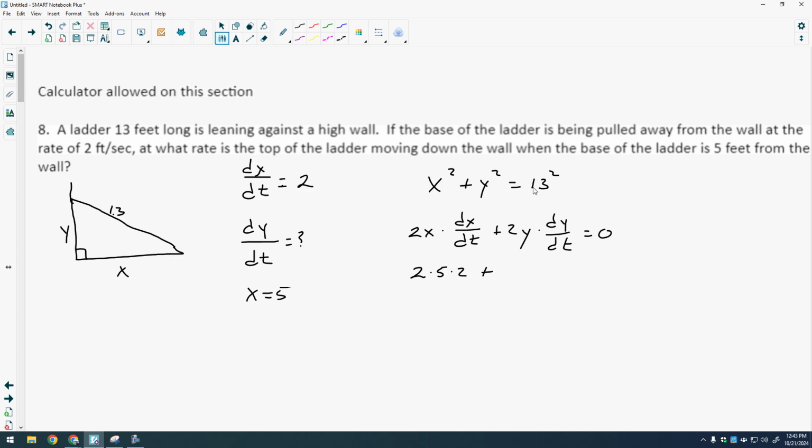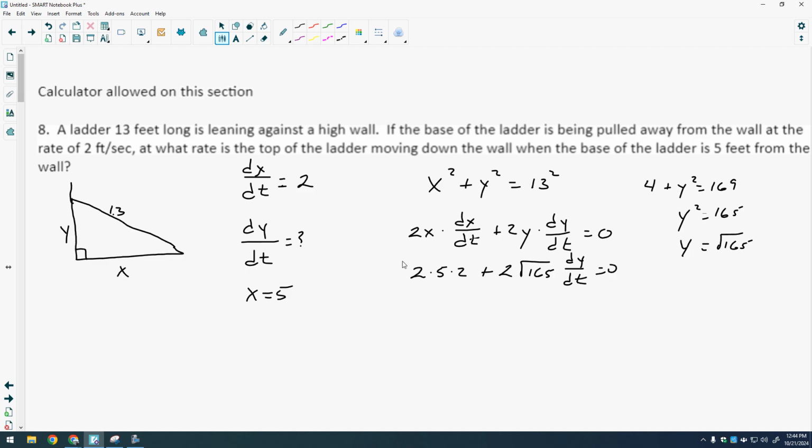So go back to my relationship. x squared plus y squared equals 13 squared. x is 2, 2 squared is 4, plus y squared equals 13 squared, which is 169. Subtract, and I get 165. Square root, and y equals the square root of 165. So this becomes 2 square roots of 165 dy/dt equals 0.